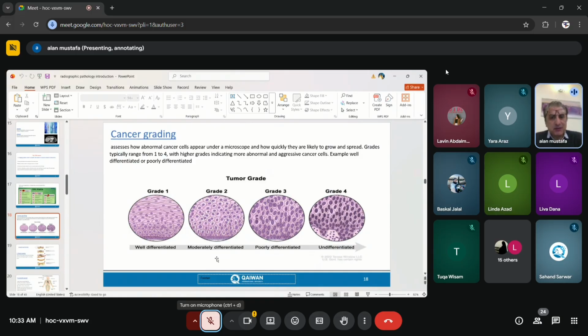So my advice is, for example with moderately differentiated, go later and put it in Google, understand the meaning, and listen to how Google pronounces it. This makes it easier for you, because a word that you cannot understand and cannot read, you forget very easily.